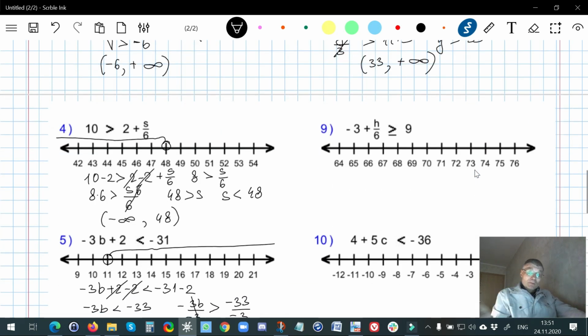Here in number 9, first we isolate h over 6 by adding the same quantity as we have to remove. Minus 3 plus h over 6 is greater than 9 plus 3. Here it cancels. All which is unwanted cancels.